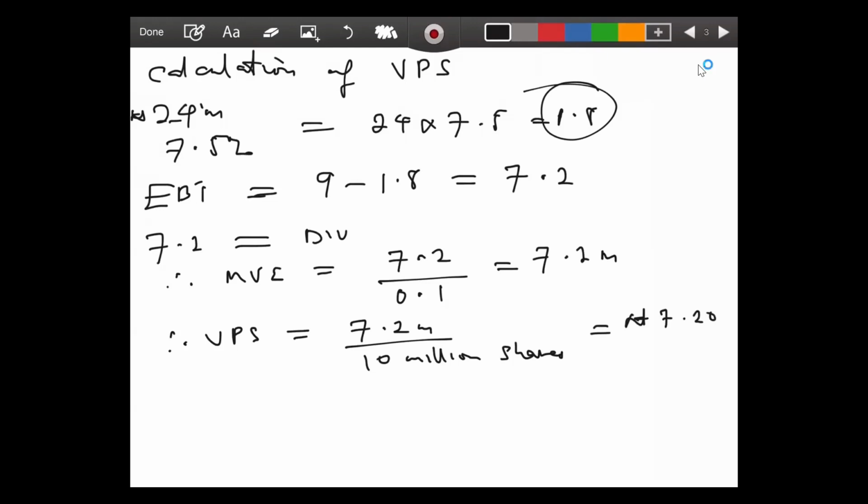So this is the value per share if the project is financed using debt.